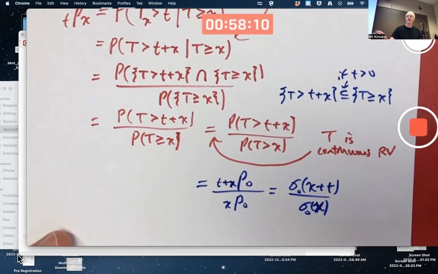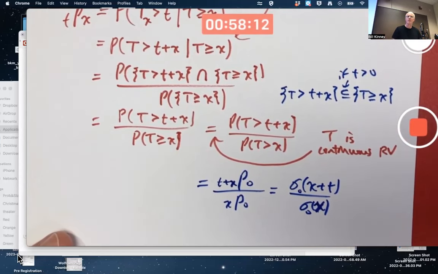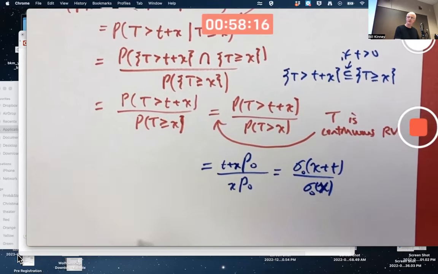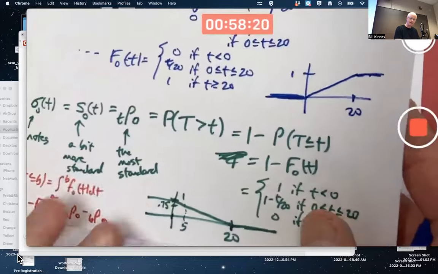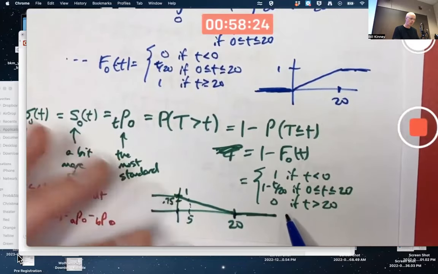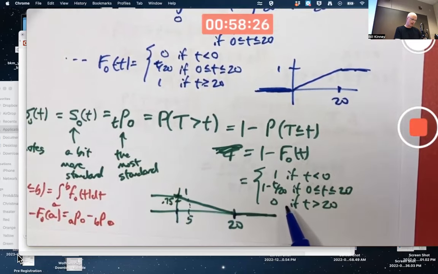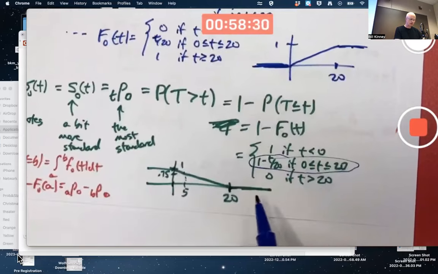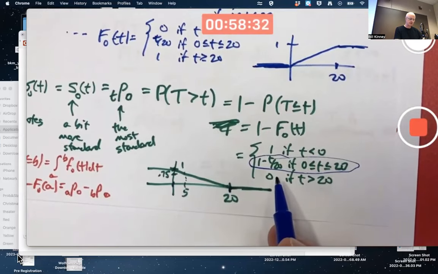So what does this equal for our uniform model? I need the formula that I derived for t p x again. So let's focus on this part of it: 1 minus t over 20 when the input is between 0 and 20.